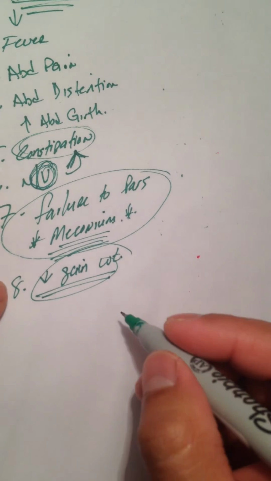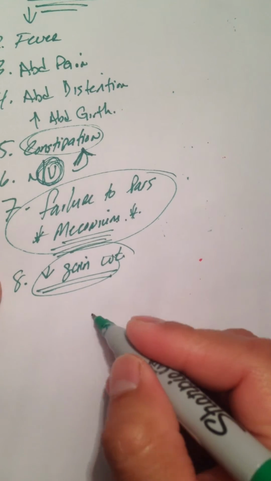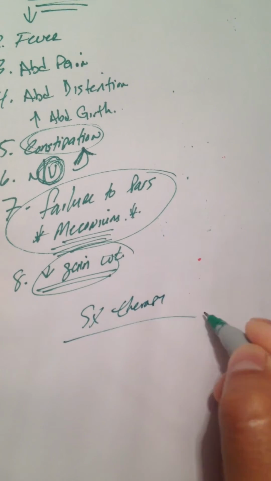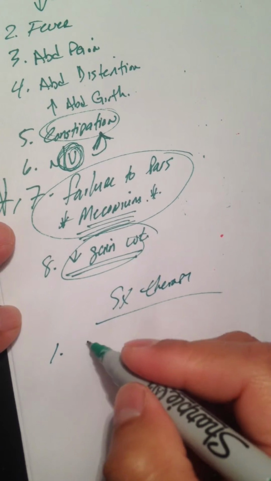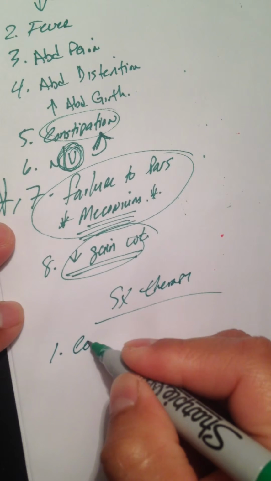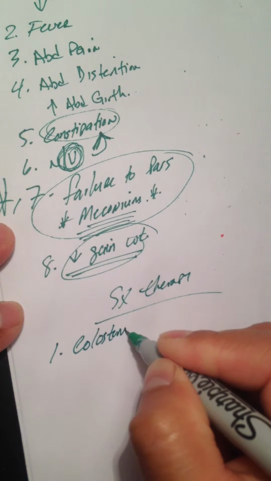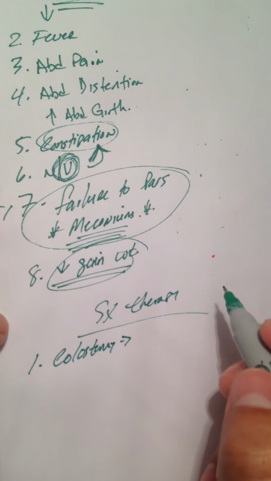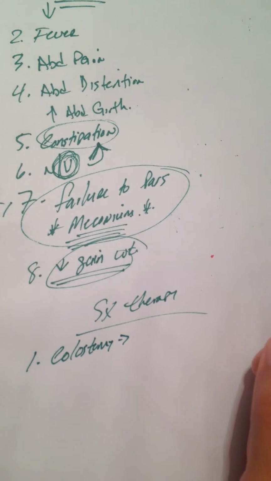Now, a couple of things that will occur with these patients is they may have some type of surgical therapy. One of the first things that may be done is a colostomy put in place. I'm going to try to let that megacolon rest.